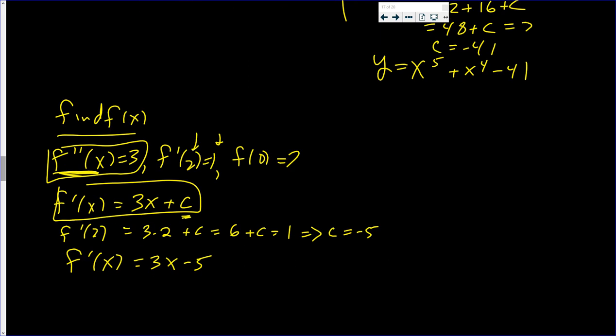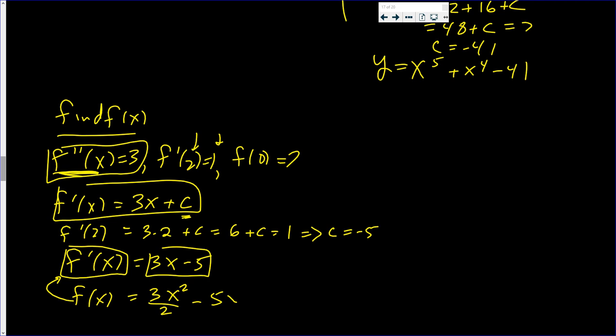If I undo the derivative here, I'll get f of x, because if I do the derivative here, I'll get f prime of x. So I get 3x squared over 2 minus 5x plus an arbitrary constant. That's why they told me what f of 0 is.